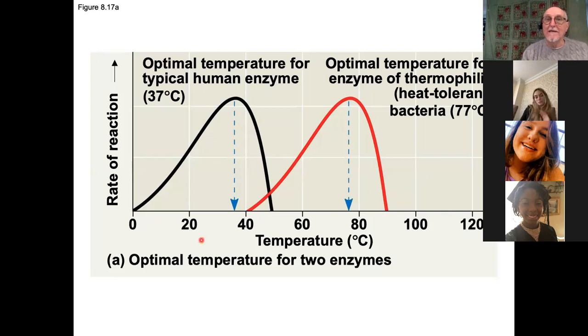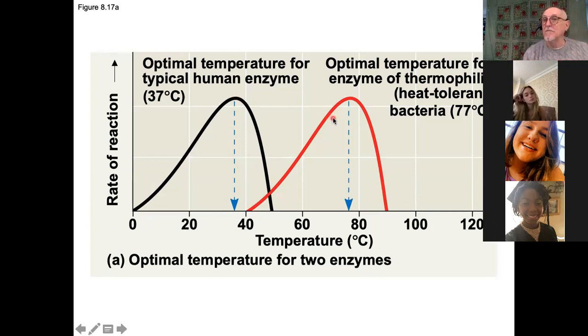So, for example, one of the really important things is the temperature at which they work. Most of our enzymes operate optimally at 37 degrees Celsius. Not unsurprisingly, that is our body temperature. We keep a constant body temperature for that very reason. All of our enzymes are constantly operating at their optimum.